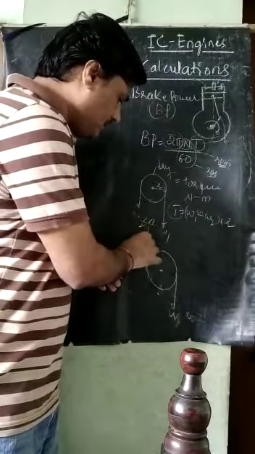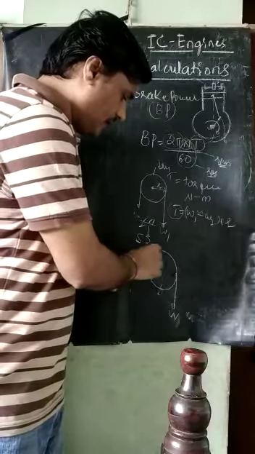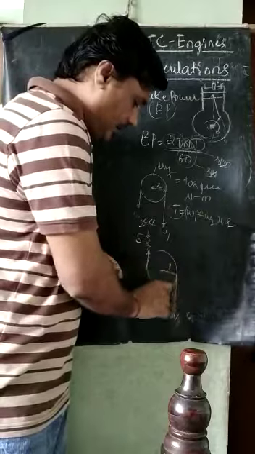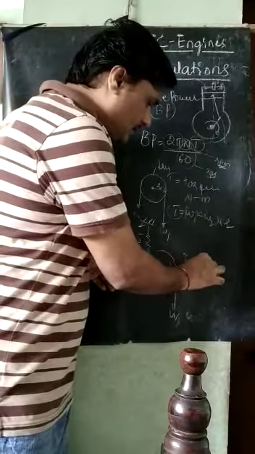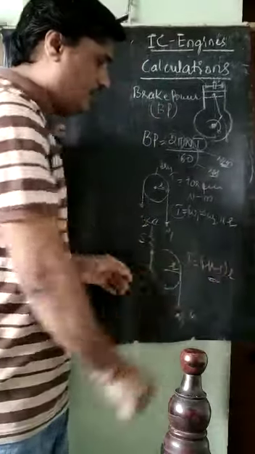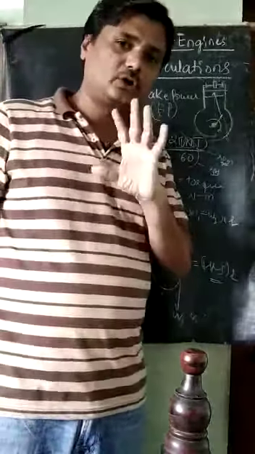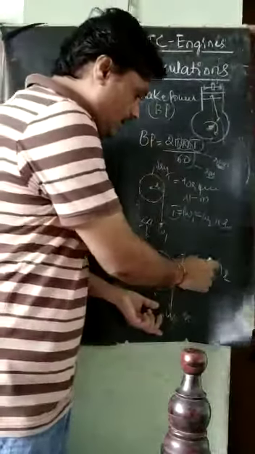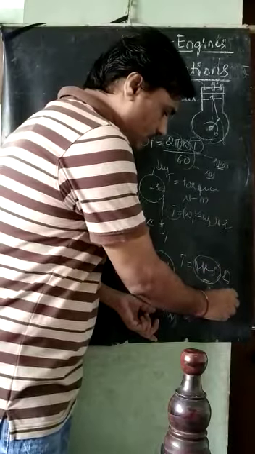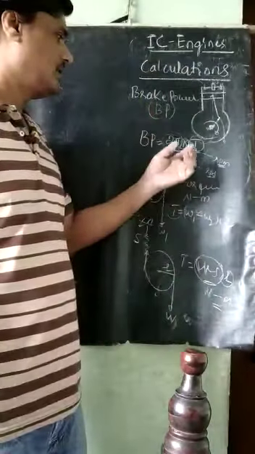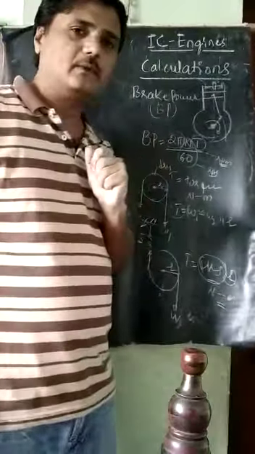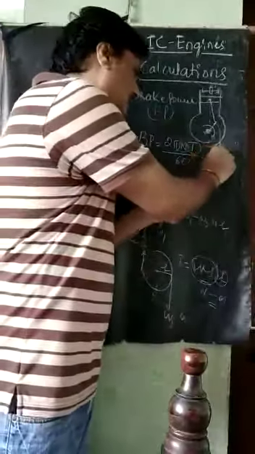The spring force, taken as S, acts upward, and the weight W acts downward, with radius R. The torque is equal to W minus S into R. The weight comes in Newton and the radius in meter, so the torque is in Newton meter. We substitute this torque into the formula, and therefore we get the BP in terms of watt.